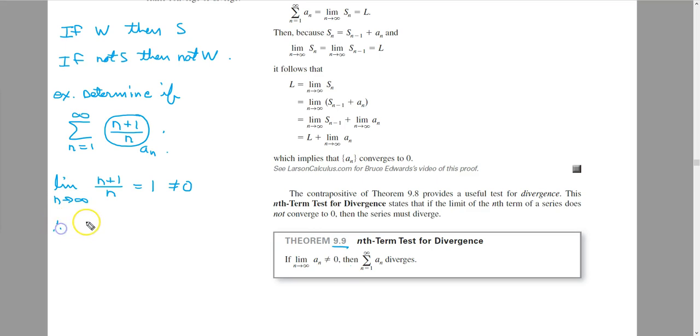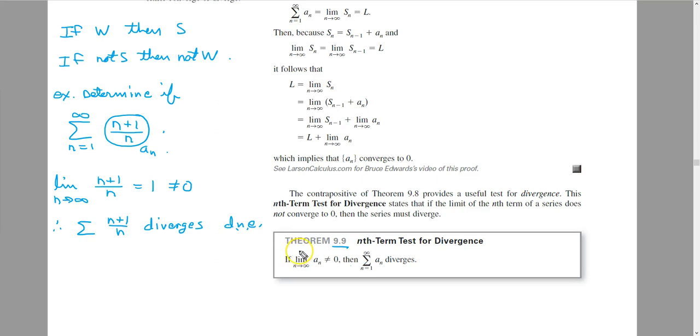So therefore, our summation diverges, which is the same as saying it does not exist. Okay, so that's how we normally use this theorem. It's normally used as a test to determine when a series diverges.